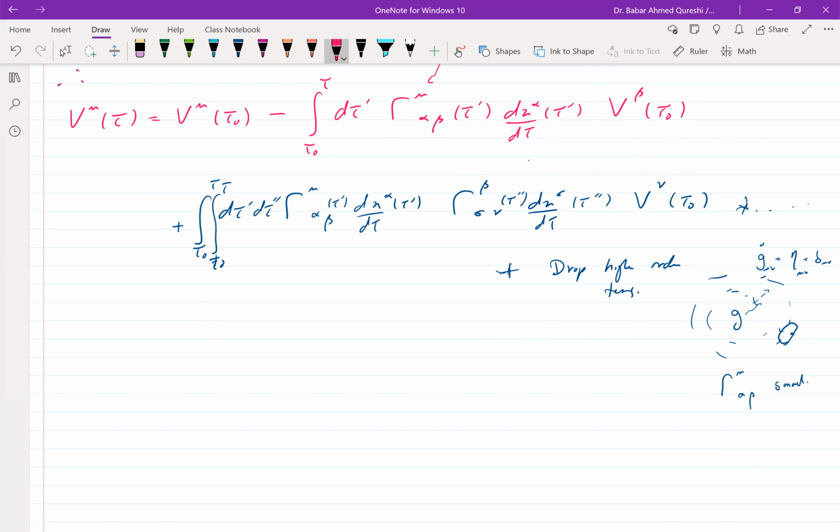Now, they're small, but they're still varying from place to place because I have to integrate them along some curve. So I need to see their dependence on how they change from place to place. So I have to expand them themselves.